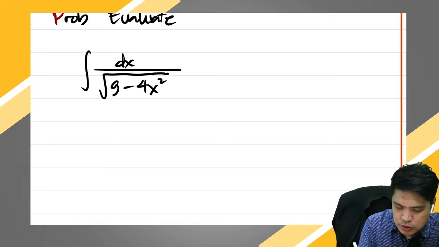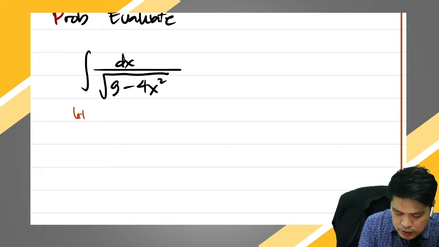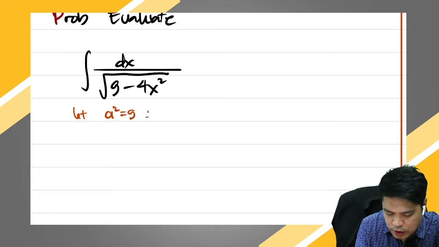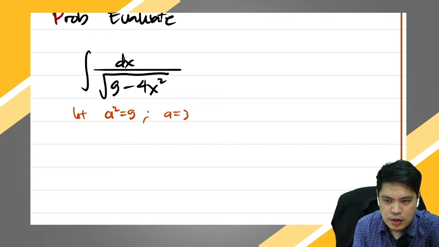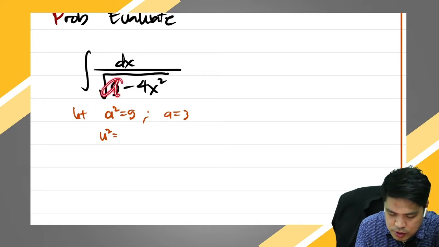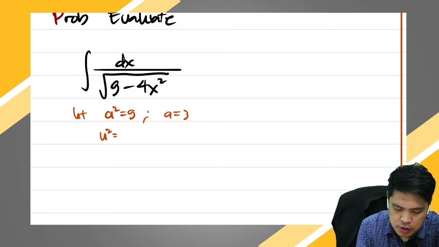Okay? So if we let a squared equal to 9, it follows that a is equal to 3. Right? And if we let u squared be the other term, this would be our a squared, this would be our u squared, because it is the one inside the square root.